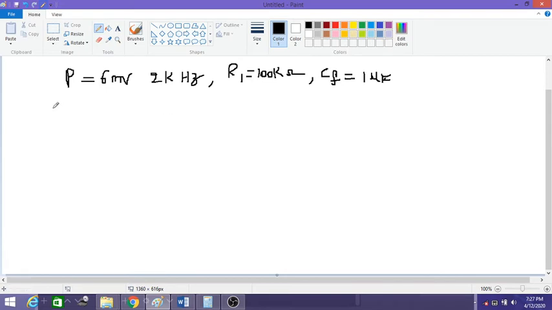It is not amperes. So if the peak value and frequency are given, then we know that it's a sinusoidal signal. It is given in the question itself.